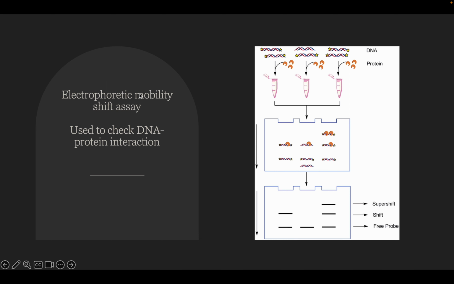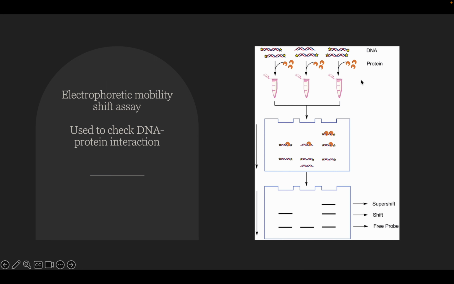As the name suggests, it has to be related to a shift in the movement of the protein or the bands. So what we do is we take the protein sample, we take the DNA sample, and then we mix both of them.